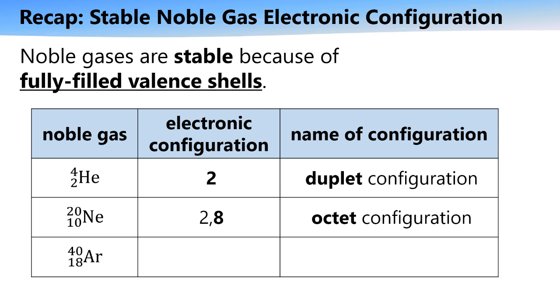Moving on to argon, 18 electrons total. How do we arrange it? We will get 2, 8, 8. And once again, since there are 8 valence electrons, this is known as the octet configuration. So, noble gases are stable because their valence shells are fully filled.